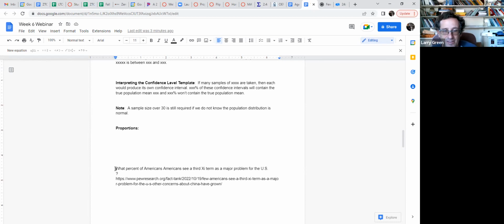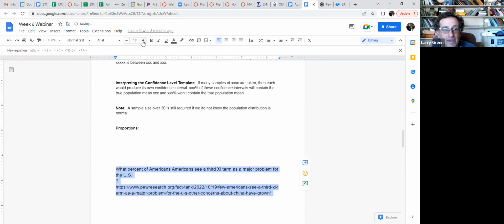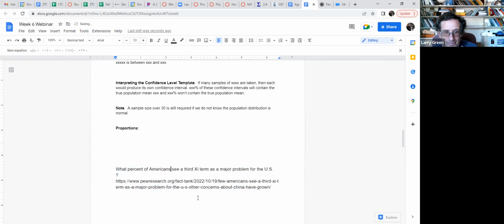And so the question is, let's make it a little bigger so you can see it. What percent of Americans see a third term for Xi, the president of China, as a major problem for the United States? I don't know if you read the news.